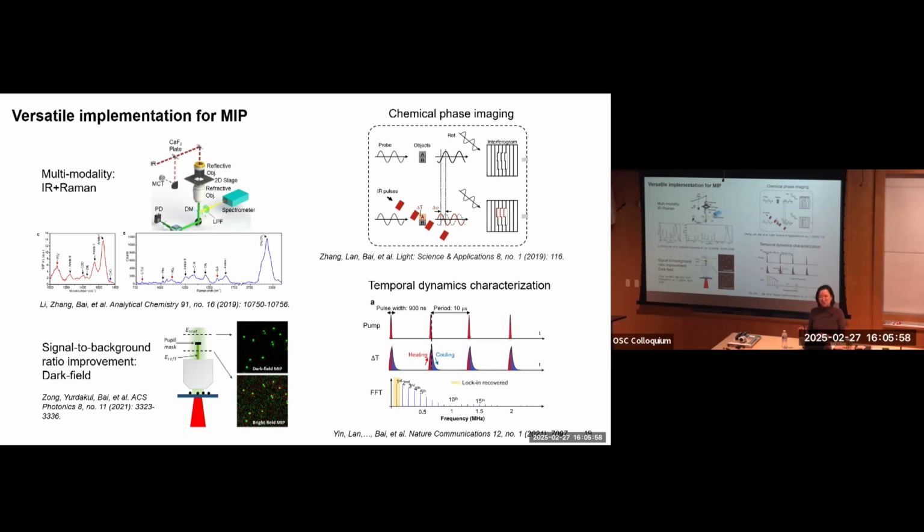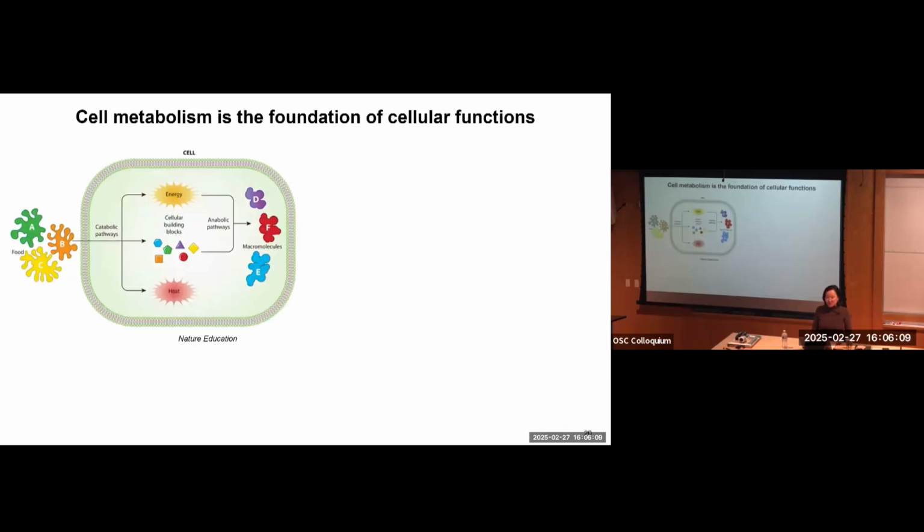Now let's move on to see how we can use this technology to study biological systems. Today, I'm going to focus on one important application, that is cell metabolism. The reason I want to study cell metabolism is that it's very important for cellular functions. It's related to cellular energy production and also cell respiration. It's also related to many diseases.